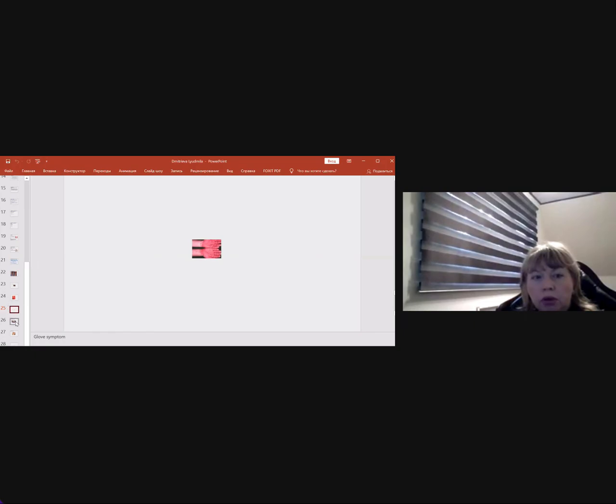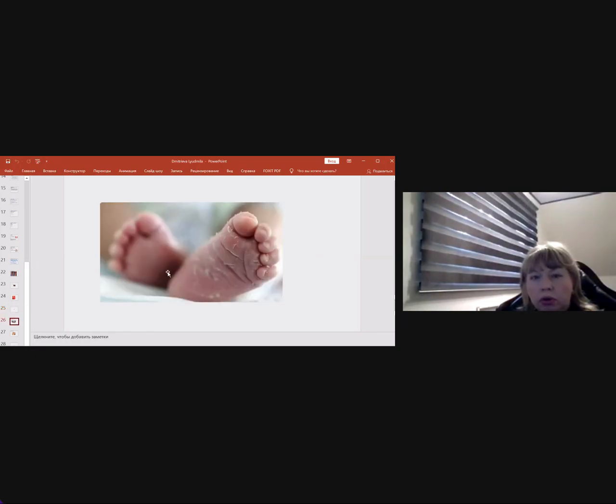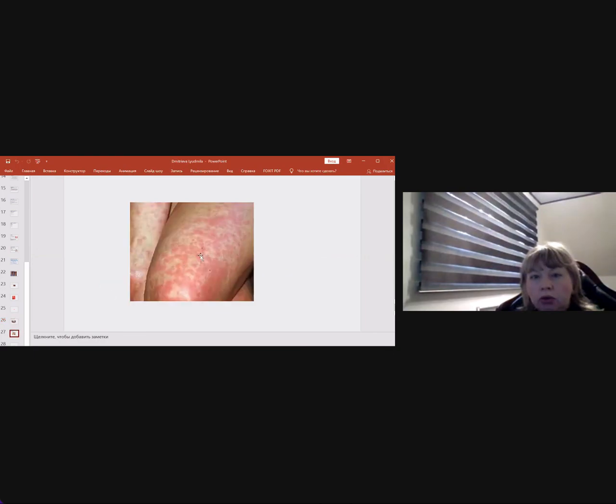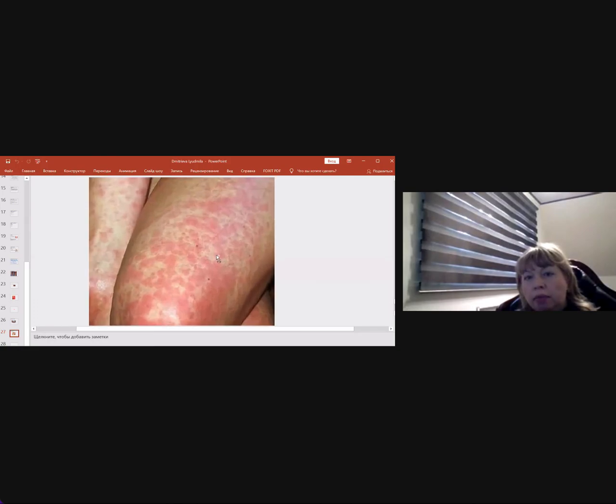And doctors, I showed this discoloration of the skin, and a rash on the skin in yersiniosis may be maculopapular rash around the joints and on other sides of the body. Okay.